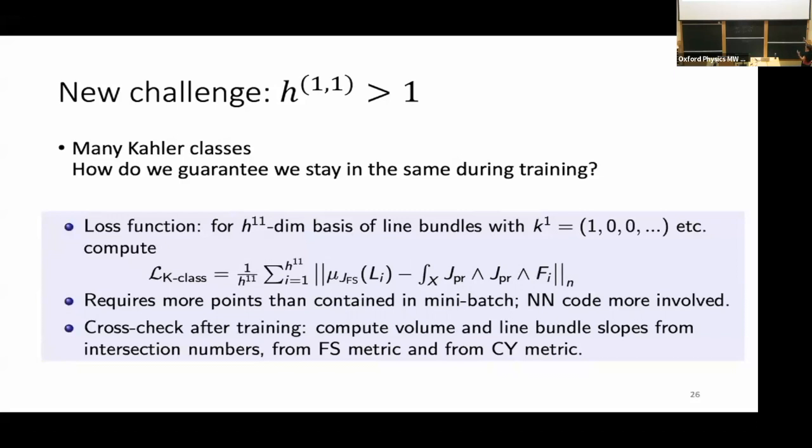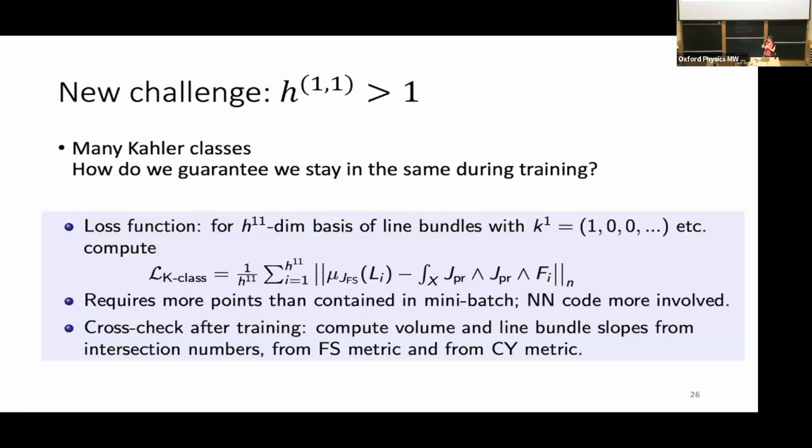And we want to get a scalar out of this, so we are summing up these things computed at different points. However, because this computation of the slope involves an integral, we cannot compute it on a small number of points. We have to go beyond the small mini batches that we use in our training for all the other losses.